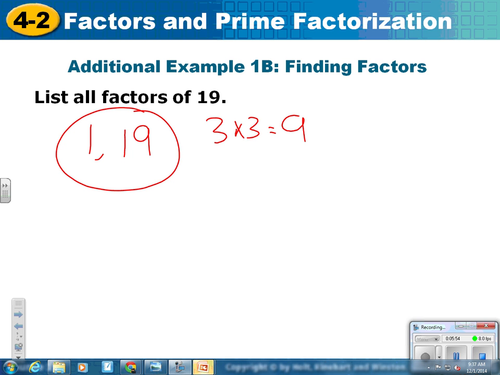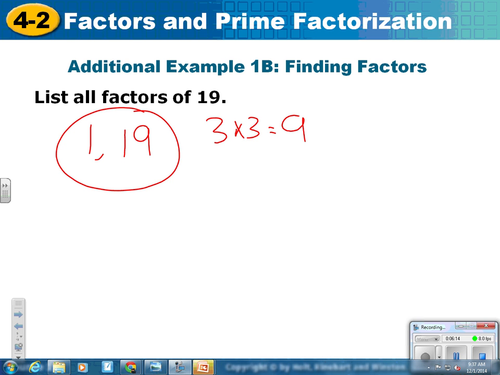So 9 is not prime. 10 we know is not. What about 11? Yeah. 12? No, it's even. 13? 13 is prime. 14?